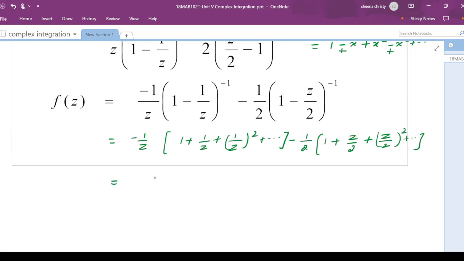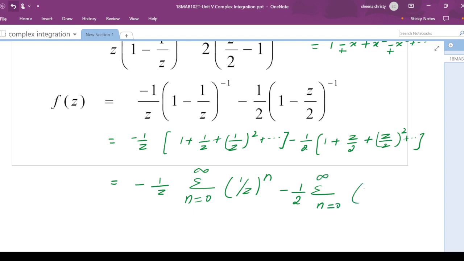By writing the generalized form, you have -1/z times the sum of (1/z)^n, where n ranges from 0 to infinity, and then minus 1/2 times the sum for n = 0 to infinity of (z/2)^n.